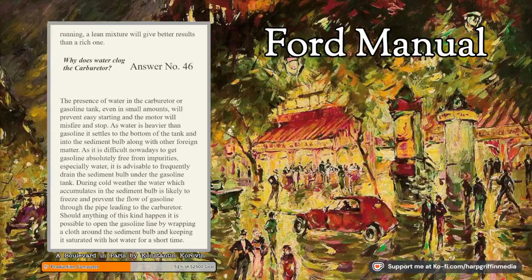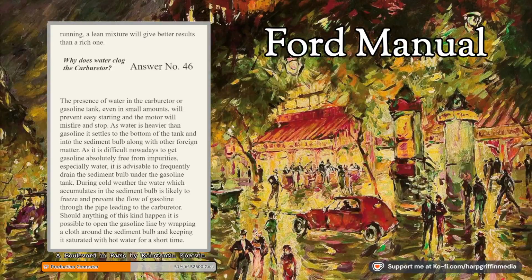As water is heavier than gasoline, it settles to the bottom of the tank and into the sediment bulb along with other foreign matter. As it is difficult nowadays to get gasoline absolutely free from impurities, especially water, it is advisable to frequently drain the sediment bulb under the gasoline tank.